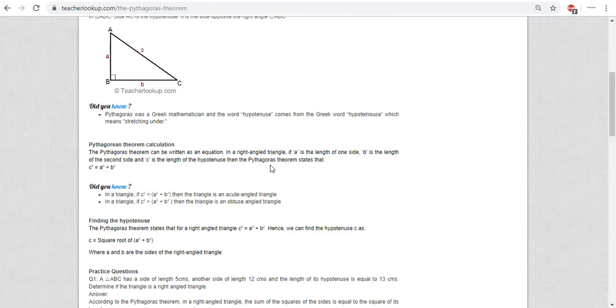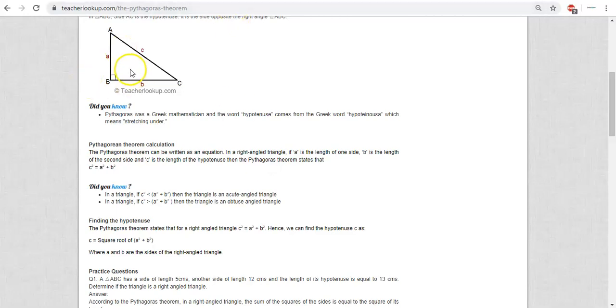Pythagorean theorem calculation. The Pythagoras theorem can be written as an equation in a right-angled triangle. If A is the length of one side, B is the length of the second side, and C is the length of the hypotenuse, then the Pythagoras theorem states that C squared equals A squared plus B squared.